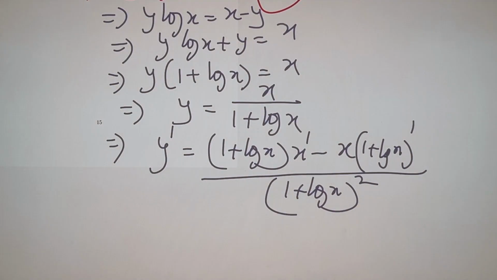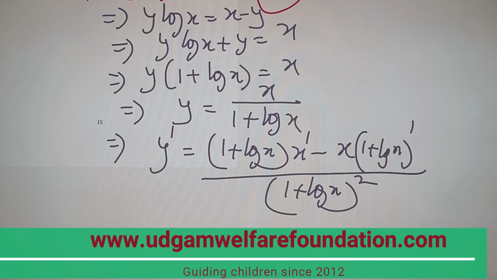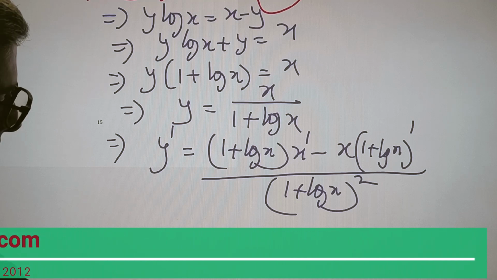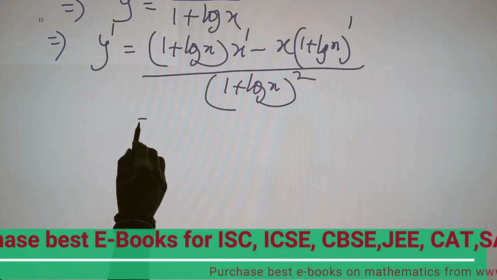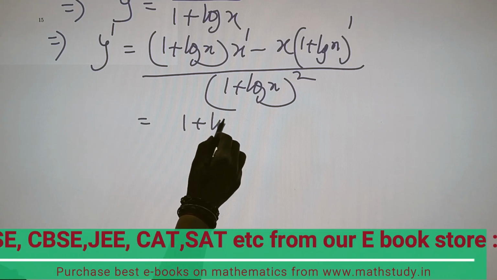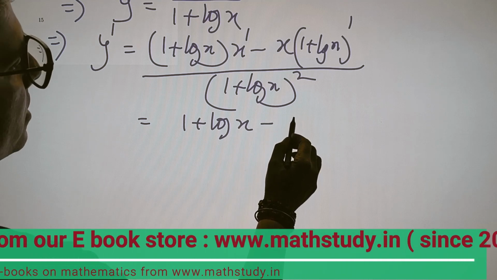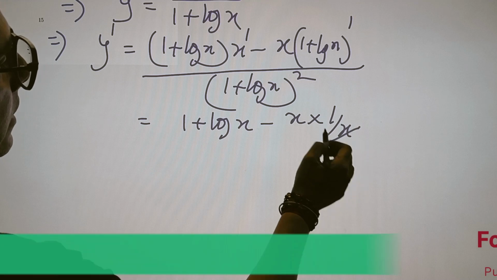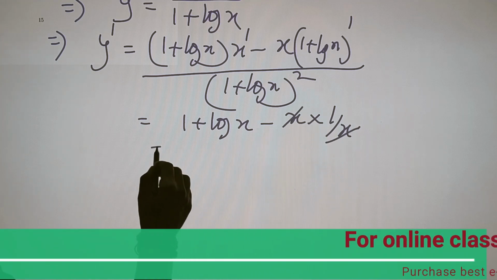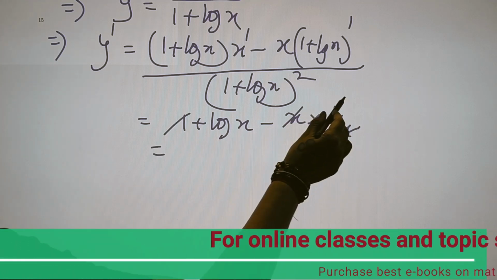Very simple. Now we'll simplify the given solution here. Now we will get 1 plus log x minus x into 1 by x, as the derivative of log x is 1 by x, and it is going to get cancelled here, and 1 gets cancelled with this 1.